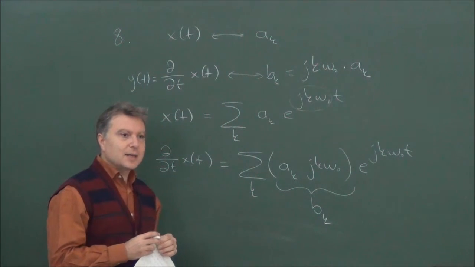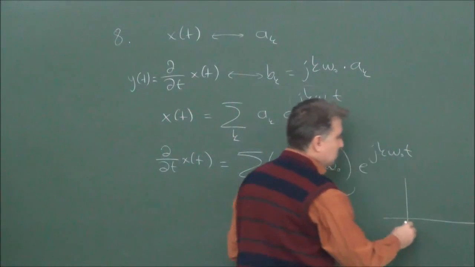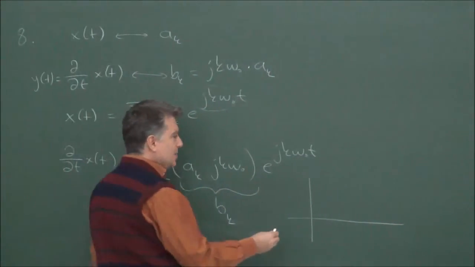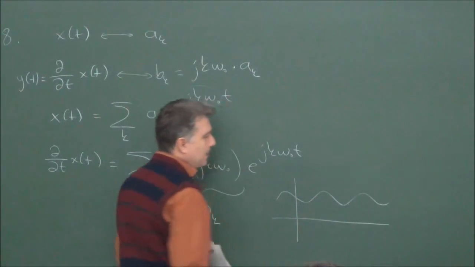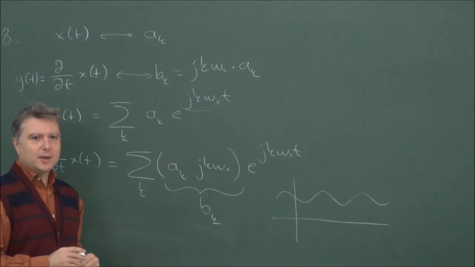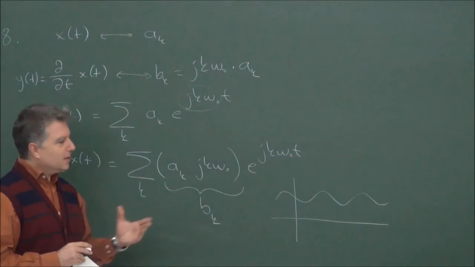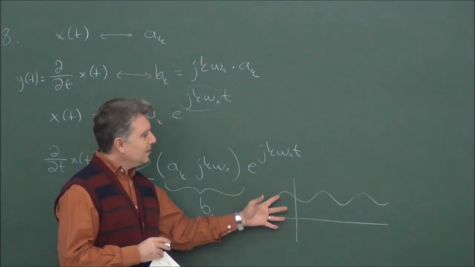And that makes sense, because for a normal signal, let's consider a sinusoid with some bias, something like this. When you take the derivative of this thing, the DC coefficient goes away. So from a derivative signal, you don't really have a DC coefficient.